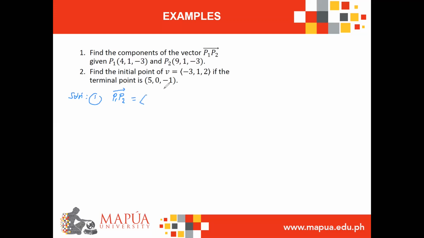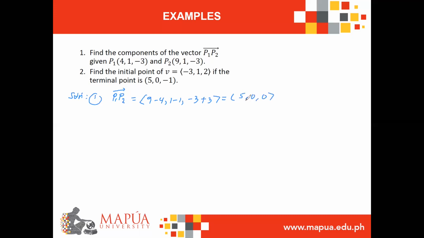So we have 9 minus 4. That's the first component of your vector P1P2. Then 1 minus 1. Then negative 3 minus negative 3, that's negative 3 plus 3. So simplifying it, we have 5, 0, 0.